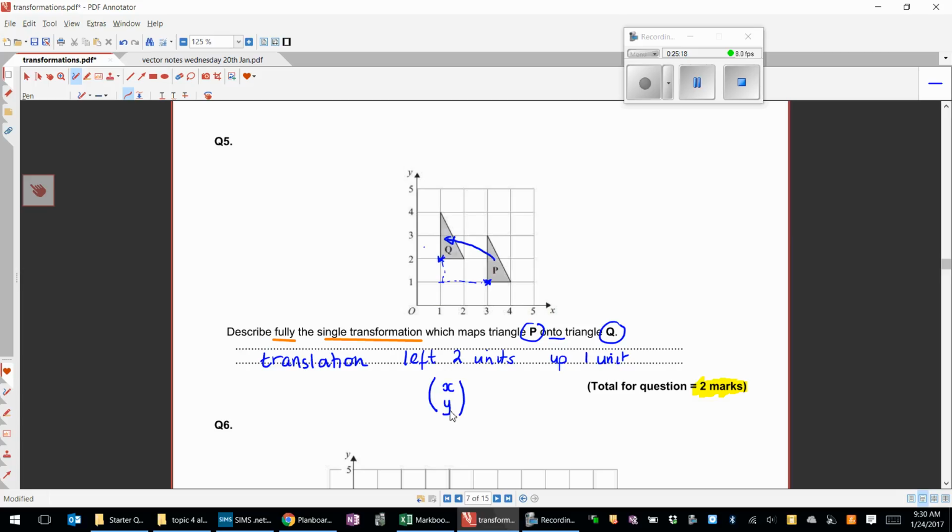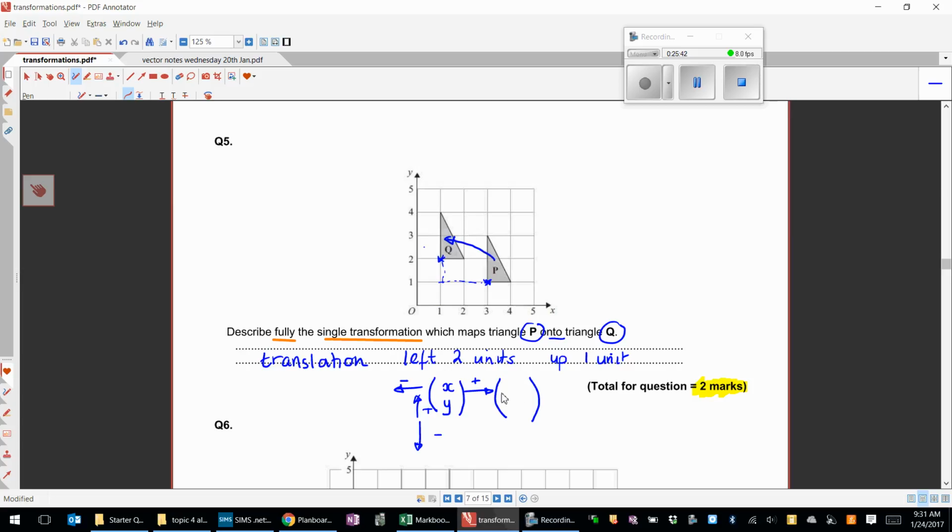Okay? If x is left, it would be a negative x. If it's right, it would be a positive x. And with y, if it's down, it's a negative y. If it's up, it's a positive y. Okay, so in that way, what do you think the two numbers would be?